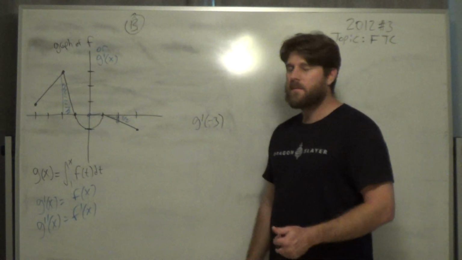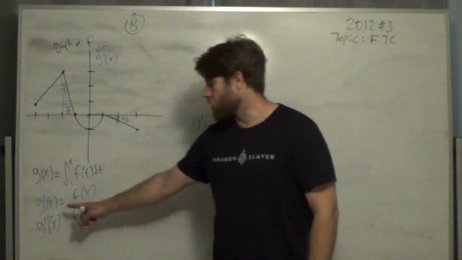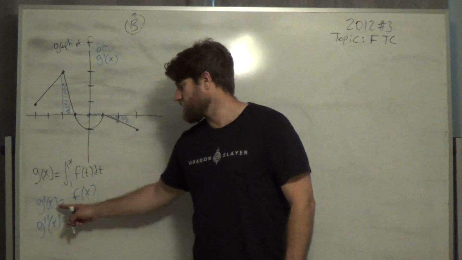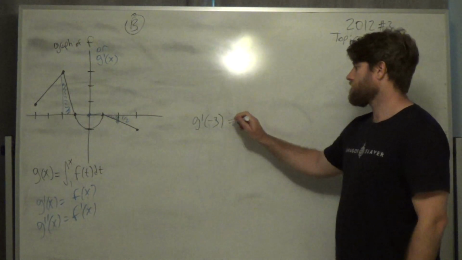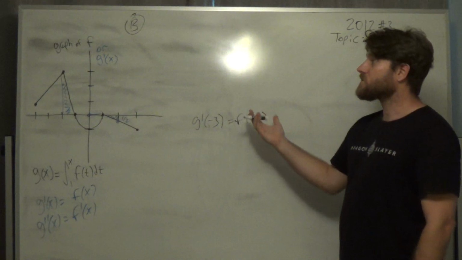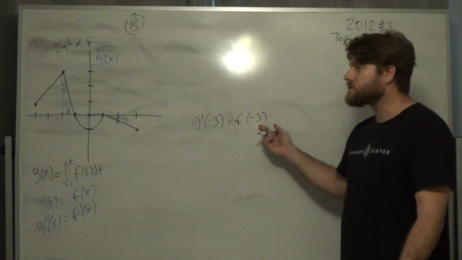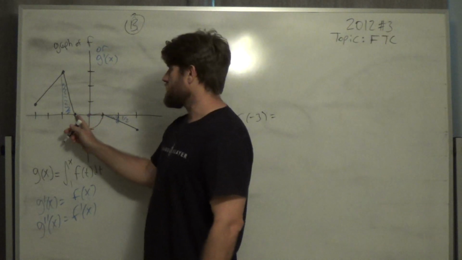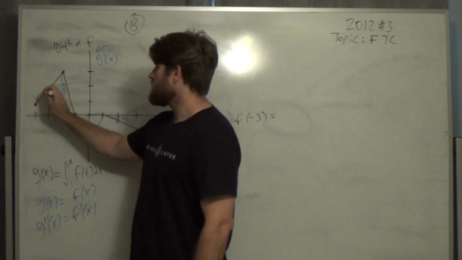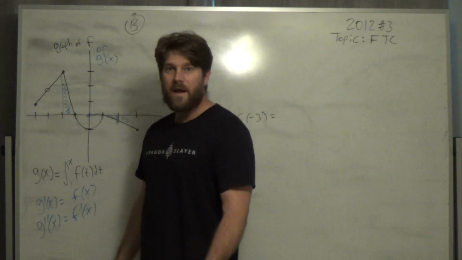So G prime of -3, we're going to use this equation here. G prime of -3 is just f of -3. And this is the graph of f. So f of -3 simply wants the ordered pair at -3. So if you go to -3, -1, -2, -3, they simply want to know what that ordered pair is.